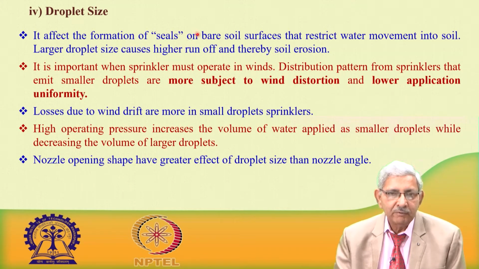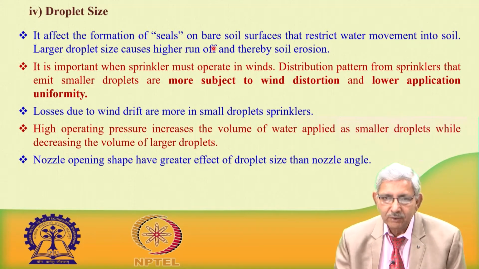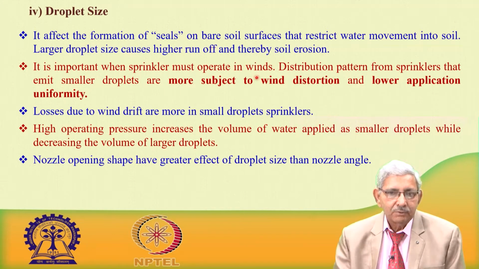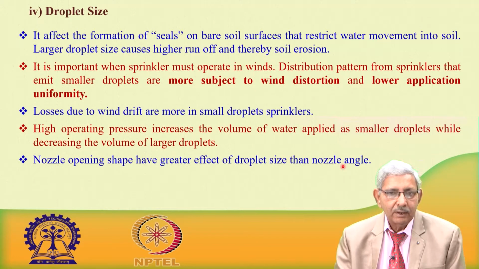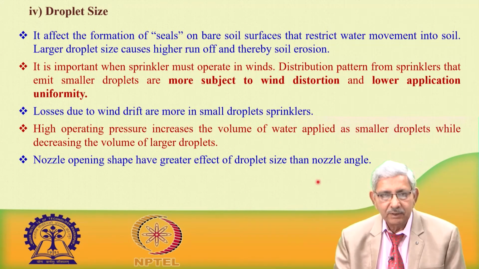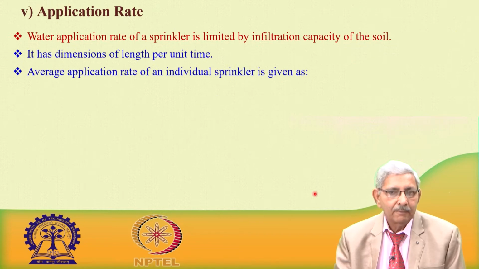It will have a sealing effect, and that will cause higher runoff as well as soil erosion. Nozzle opening shape and operating pressure are going to affect the droplet size as compared to nozzle angle.